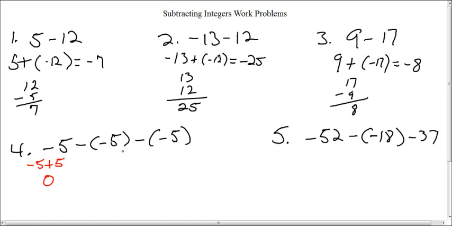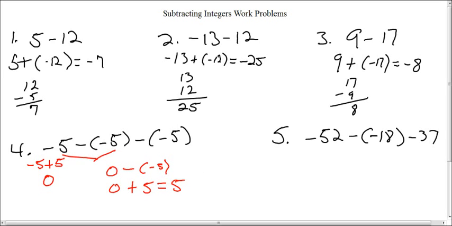Now you would have 0 minus a -5. Well, what do we have there? We have 0 plus 5, because we keep, change, flip, or same, opposite, opposite, and that's simply 5.